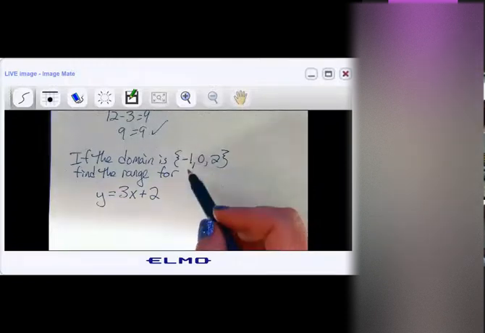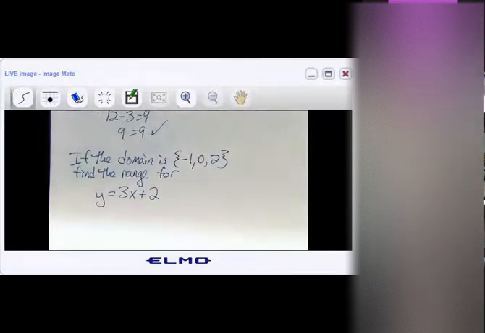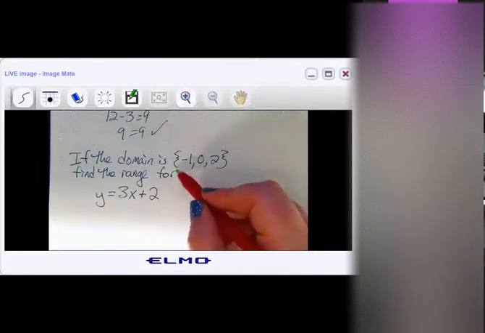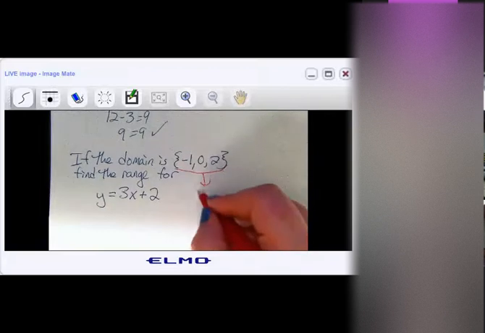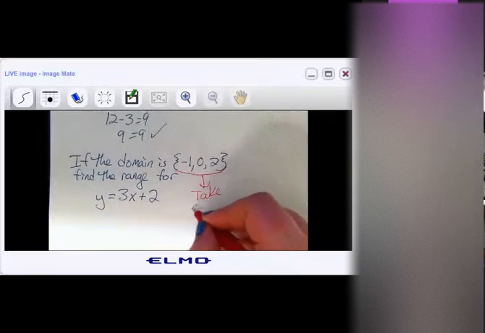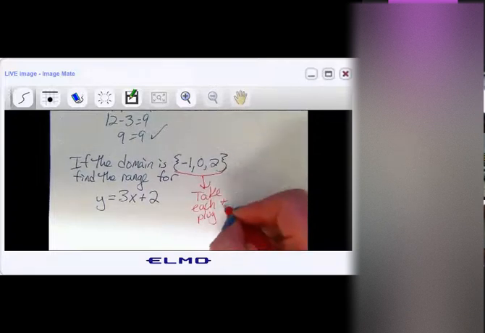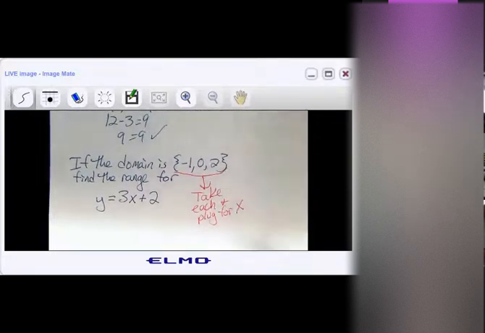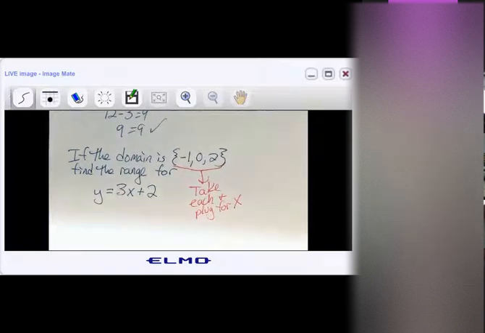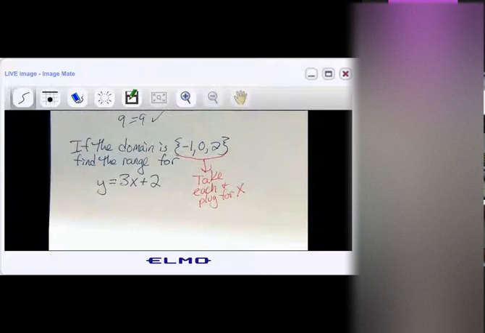So I need to take each one of these 3. Maybe let me just, I'll just jot that down in the notes so you remember. Take each and plug in for X. Right? Since this is a domain, we're going to plug them all in for X, and I will get my final answer at the end.